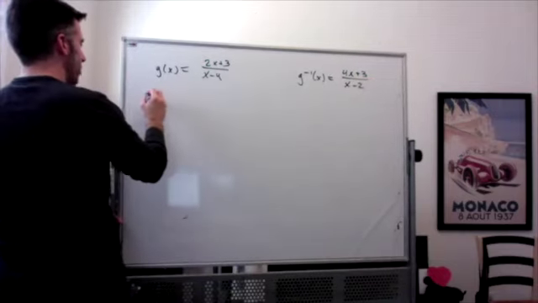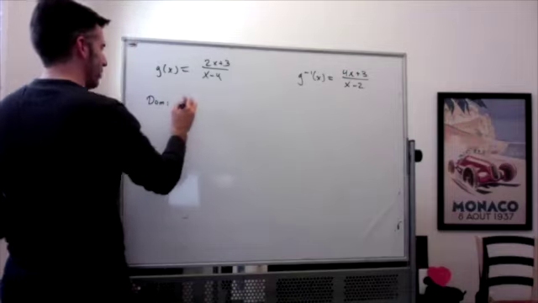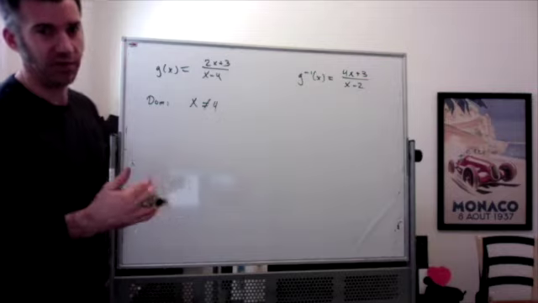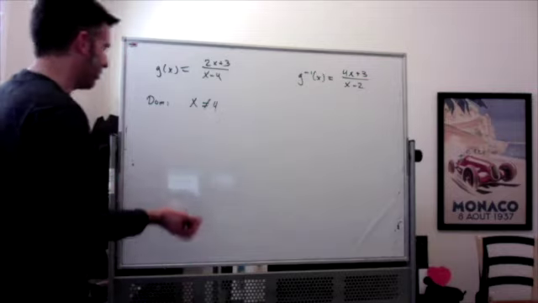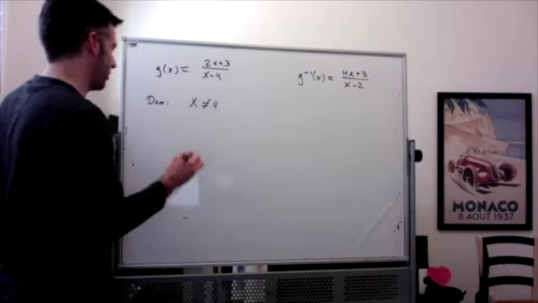So this function, the domain, is everything except for 4. So I'm just going to write x can't equal 4, even though that's not the most official way of writing the domain. Really, we write negative infinity to 4, union 4 to infinity.